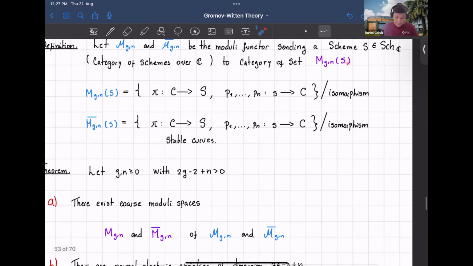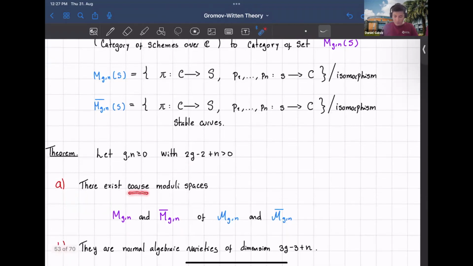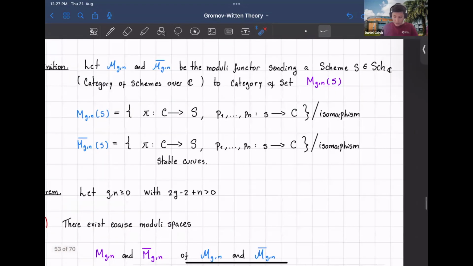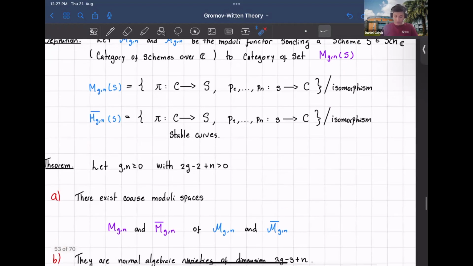Of scheme S. So, okay, the theorem says that when g and n are greater than or equal to zero, and we keep the dimension of the Deligne-Mumford moduli space, then there exists a coarse moduli space. That means for these stacks, we associate these schemes to go to sets, and the sets are going to be this coarse moduli space respectively.